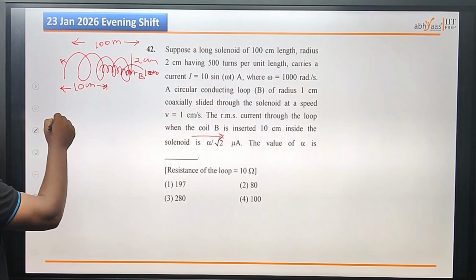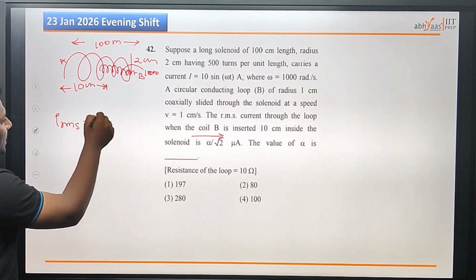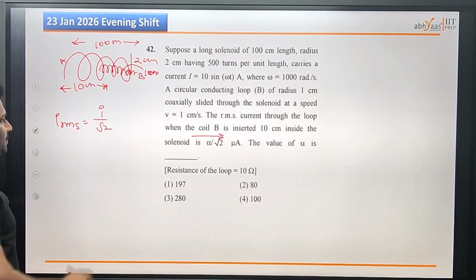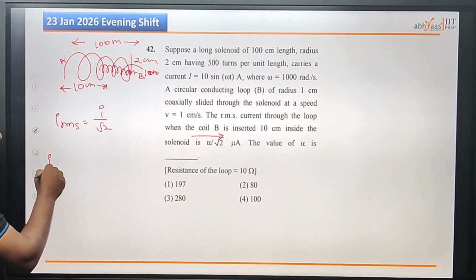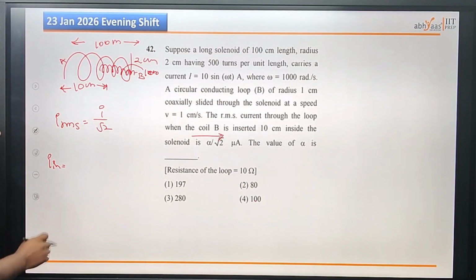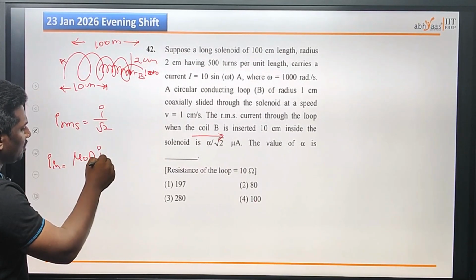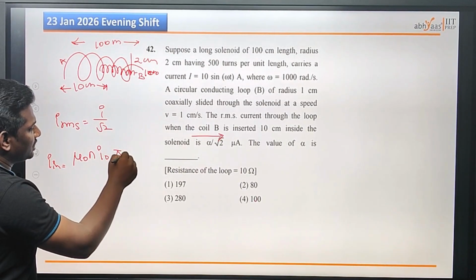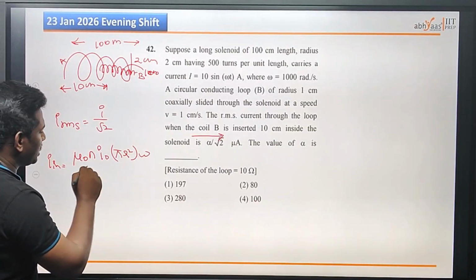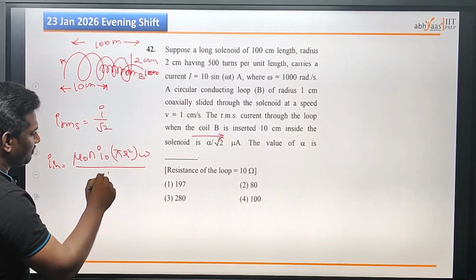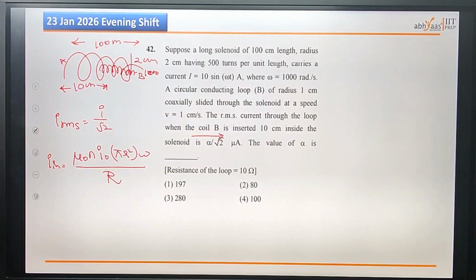RMS current, I RMS can be written as I by root 2. What is I here? I induced. So I is mu naught n I naught pi r square by omega into omega by r. What is r? They have given already 10.